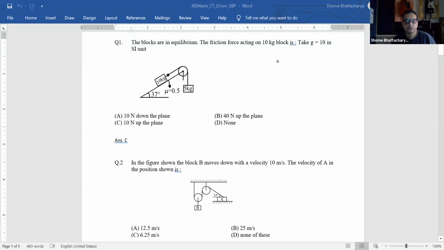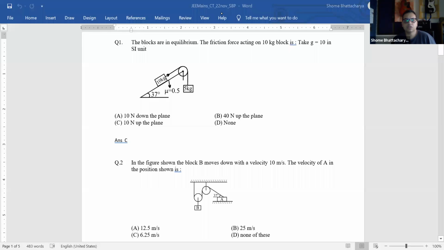And now you have a doubt in the first question as well. Okay. Ranak also has a doubt in the first one.